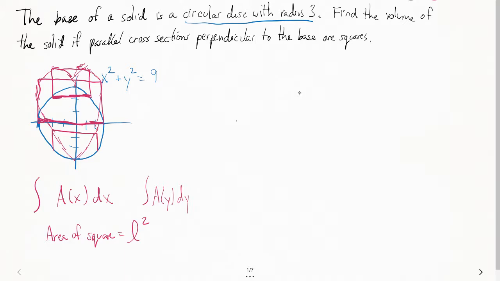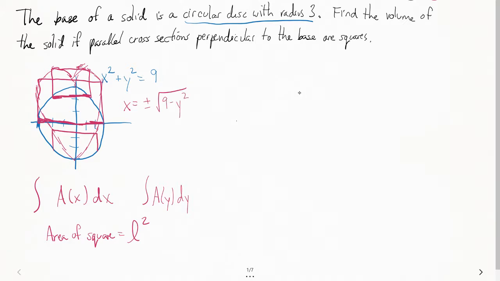So the way I have it drawn here, and notice I could have gone the other direction and drawn them slanting to the side the other way, we get x equals plus or minus the square root of 9 minus y squared. That's just by solving for x.